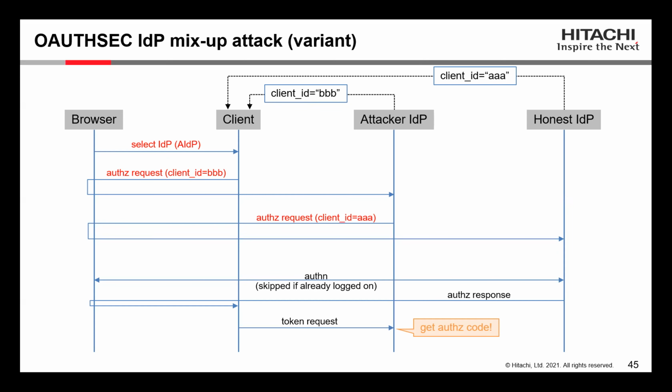But I think this is the stronger variant of the mix-up attack because you don't need the network attacker. Oh, yeah. Because this network attacker model also assumes that you use HTTP in the beginning, and that is increasingly unlikely. It's very unlikely already today.